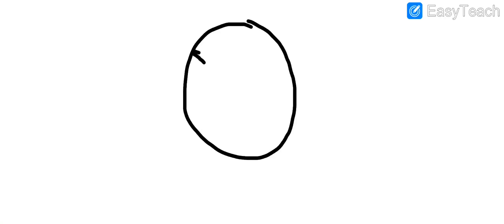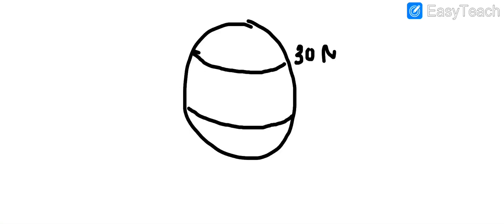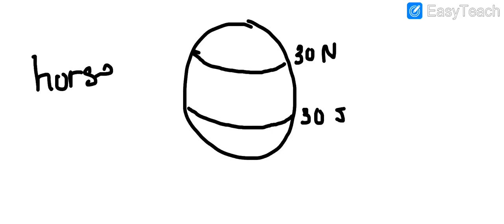So on those 30-degree marks that you have on your map at 30 degrees north and 30 degrees south, these need to be labeled. I forgot to put that. They are called horse latitudes.